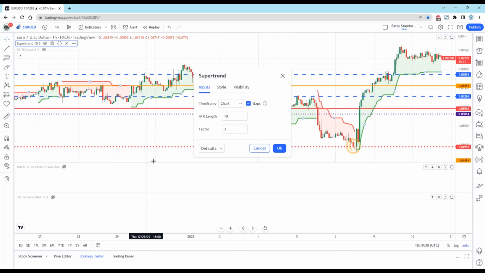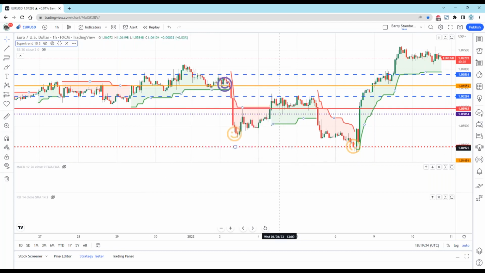It's a 3 multiplier and a 10 period. Now, what we're looking for on our super trend indicator is when the colors flip. And you can see it very easily because now that you put the background, you can see when it goes from red to green and green to red.